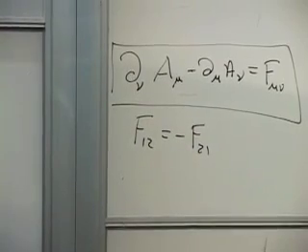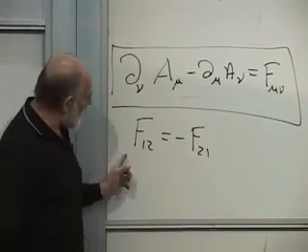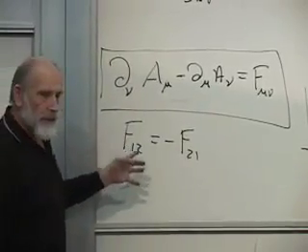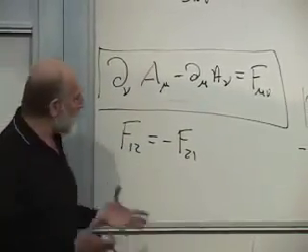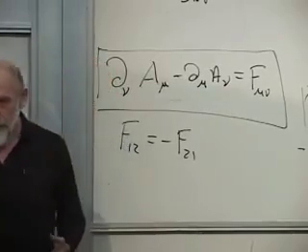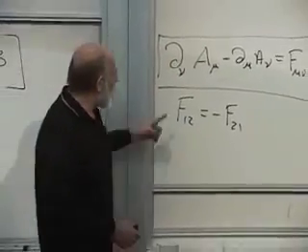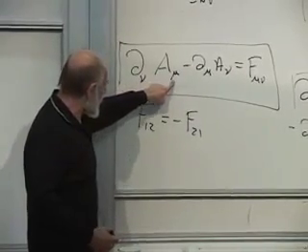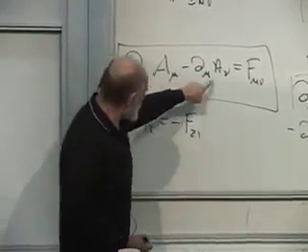F13 is minus F31. So the different components of F mu nu are not independent. It's antisymmetric. How many components of an antisymmetric matrix are there in 4 dimensions? All the diagonal components are 0. In other words, if nu and mu are the same, these 2 terms will cancel.